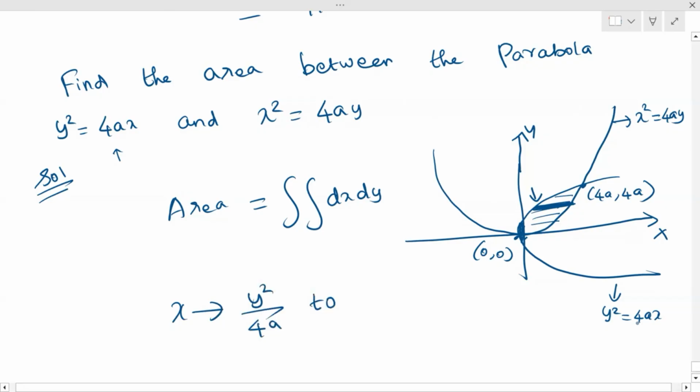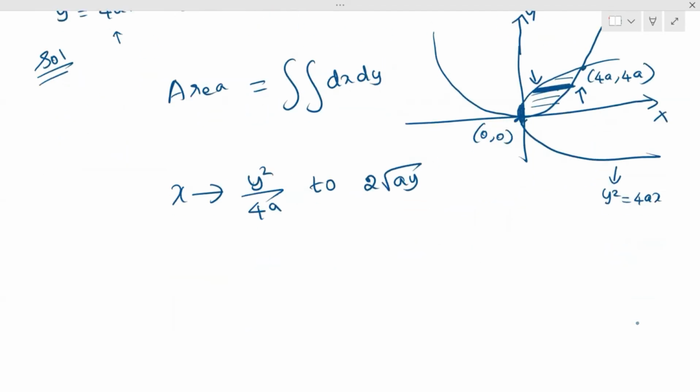And the other side, x touches the parabola whose equation is x square equal to 4ay, that is x equal to root of 4ay, that is 2 root ay. This is the inner integration limit. The outer integration limit for y should always be constant. So the minimum value of y is 0 and the maximum value of y is 4a. So 0 to 4a.